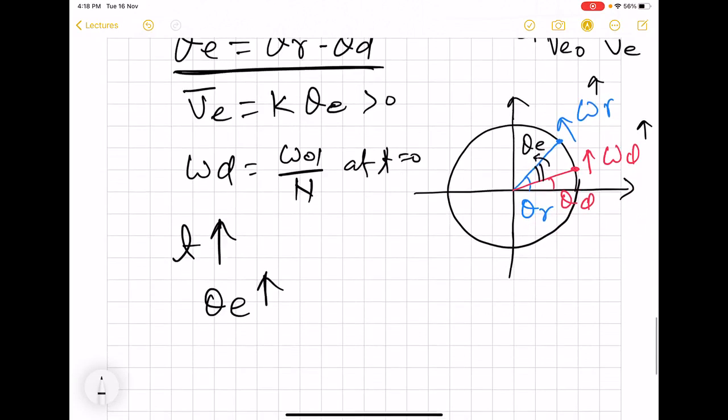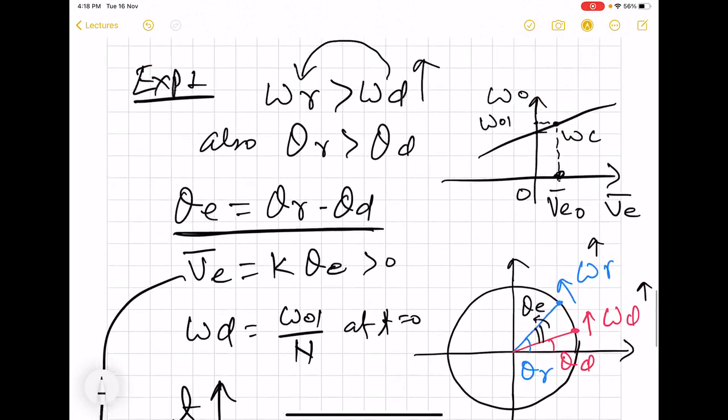So when theta e increases, what we find from this equation is that the average voltage produced by the phase detector and loop filter block combined is going to produce more voltage. Now you can see on this plot that as time passes we will be moving in this direction because VE bar is going to increase.